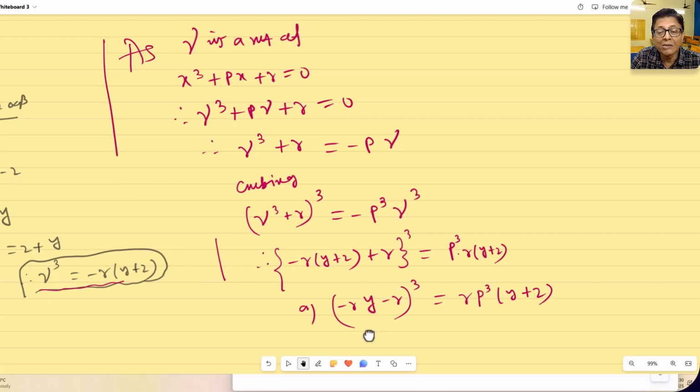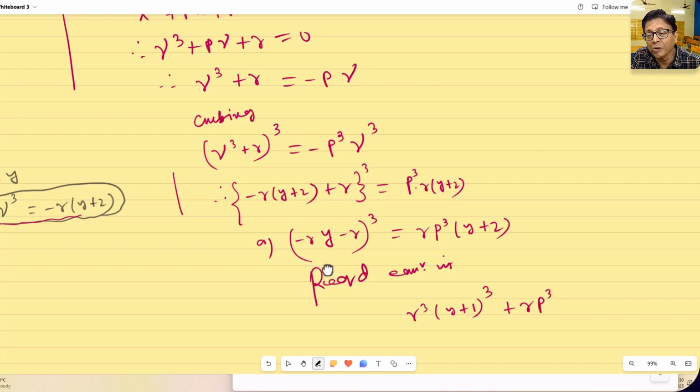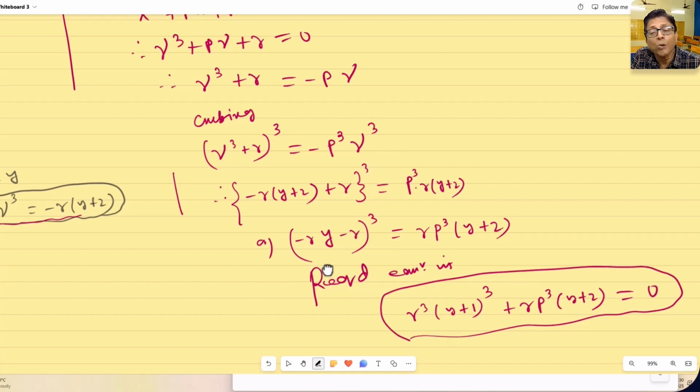So the required equation is going to be r cube into y plus 1 whole cube plus r p cube into y plus 2 equals 0. You can arrange it in the form of y. It will be a cubic in y.